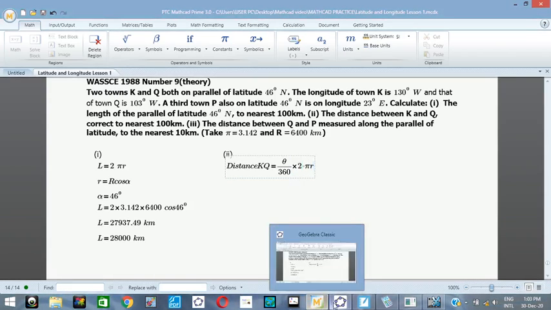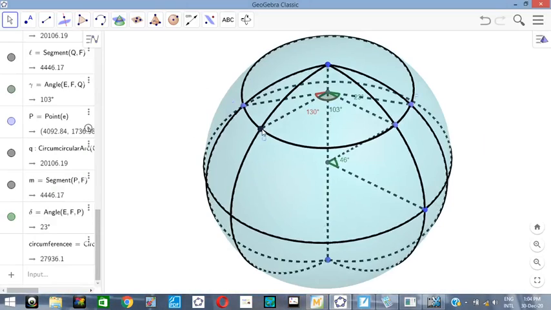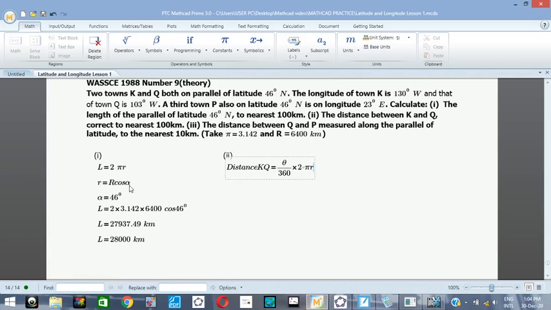K and Q are standing on the small circle, so the radius of this small circle, from here to here, is the radius we are using. That is the value you are going to get here.